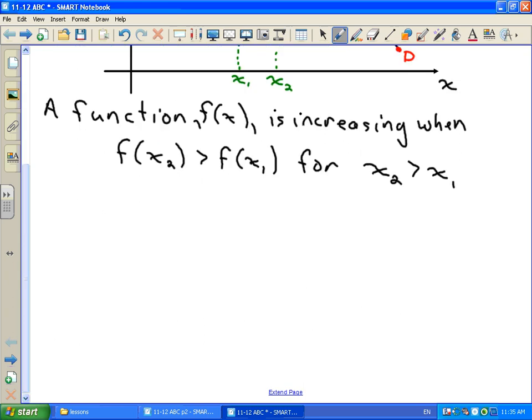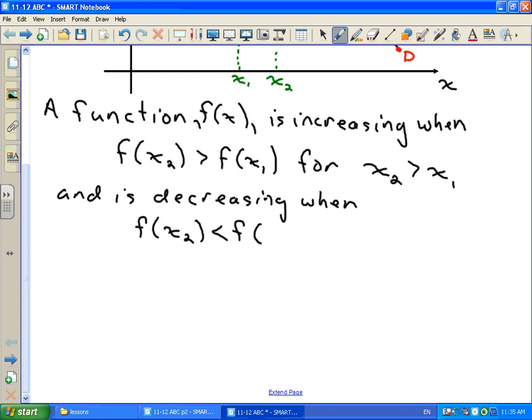And it's going to be decreasing when the converse is true. So when f of x2 is less than f of x1 for, again, x2 greater than x1. So as we go to larger x values, our y values, instead of increasing, decrease.